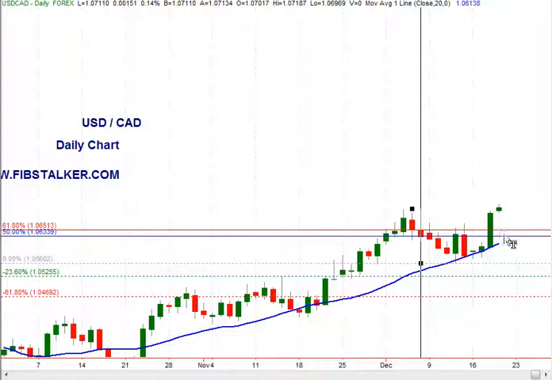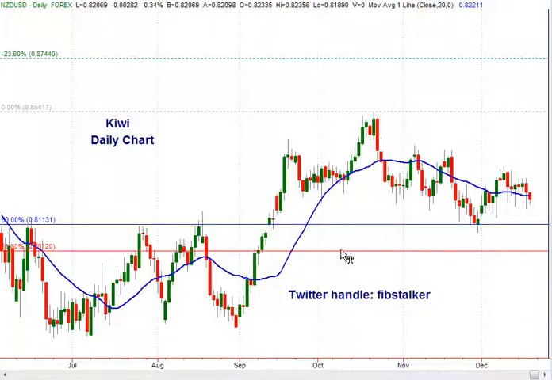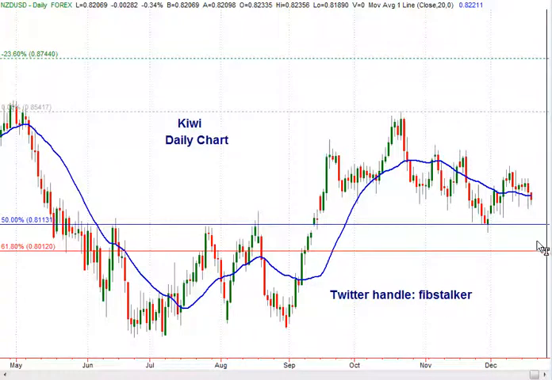I mean, we can trade these levels, and they work beautifully, as you saw before, and as I hope you are starting to realize here. Finally, I want to provide an update on the Kiwi. Nothing really changed here.